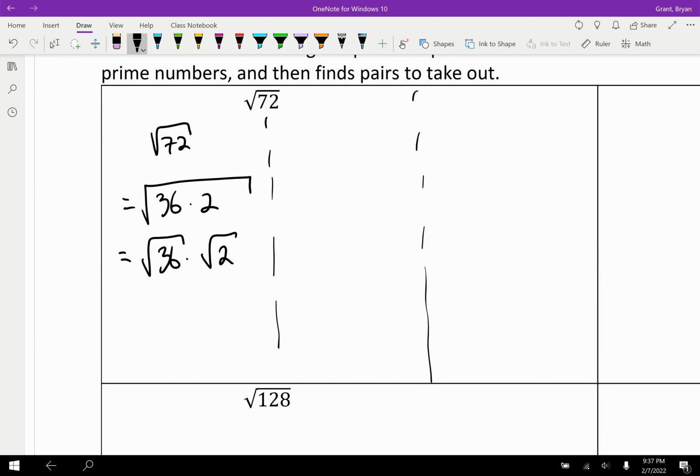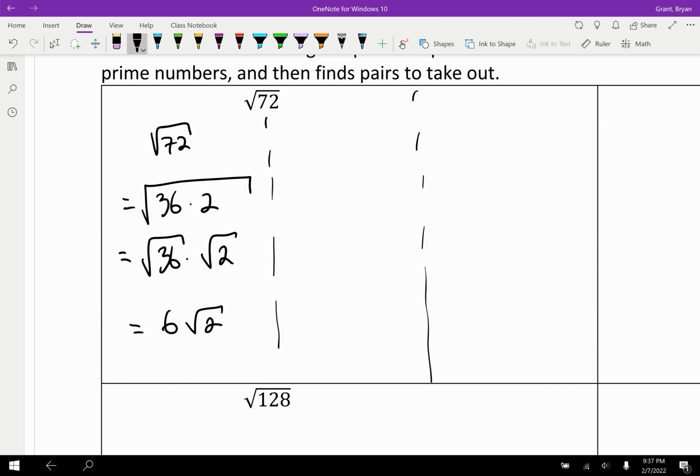Then we're actually going to use the square root, because applying a square root to a perfect square is pretty darn nice. The square root of 36 we know is 6. Square root of 2 doesn't have a nice square root. Or it does have a square root, that's a lie. It just has a decimal, an irrational square root, and so we're not going to do that.